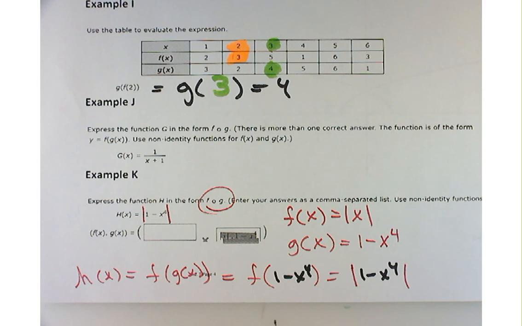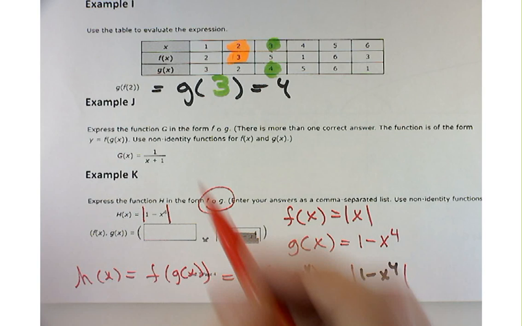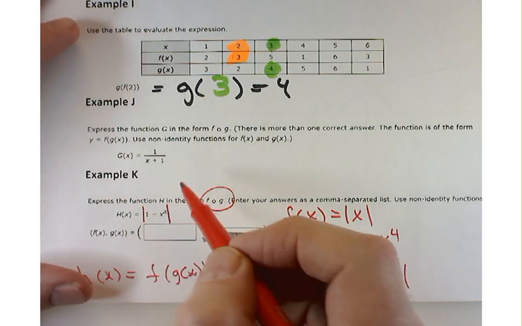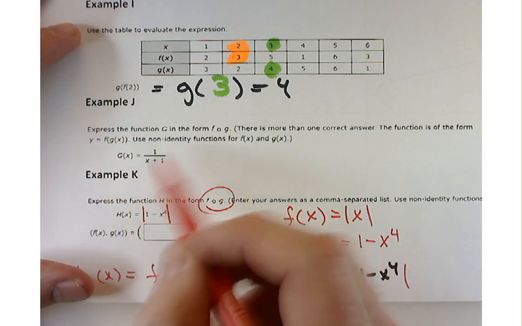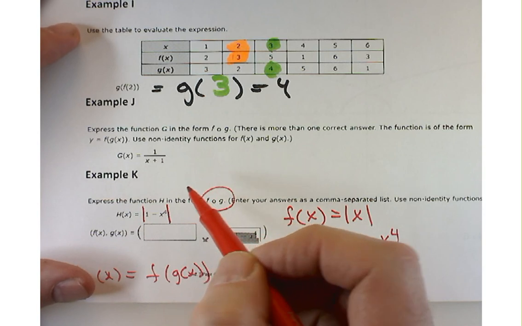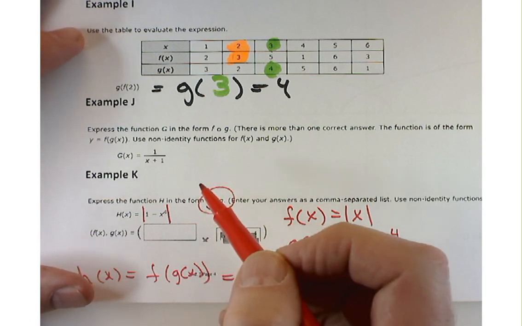What's one thing you're seeing when you're looking at capital G of x here? Can anyone give me a name to maybe the first function that you're seeing here? Linear? The bottom part of it's linear, but overall, the whole thing is not going to be a linear function. It's a good try.